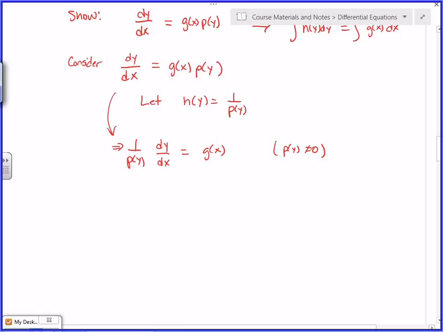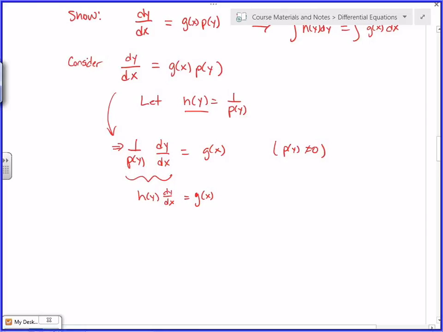Okay, now let me define capital H of y as the antiderivative of the h of y function. Let me actually write this as what I want it to be, which is h of y dy/dx is equal to g of x. I'm just using my new function name that I just declared.